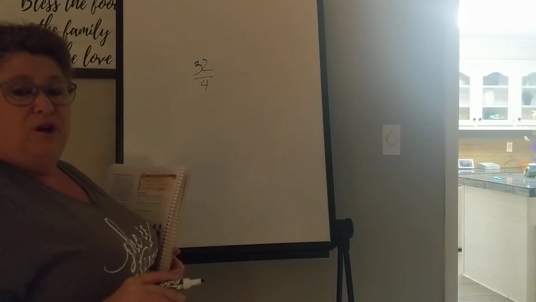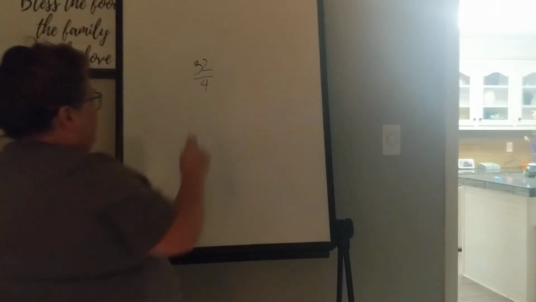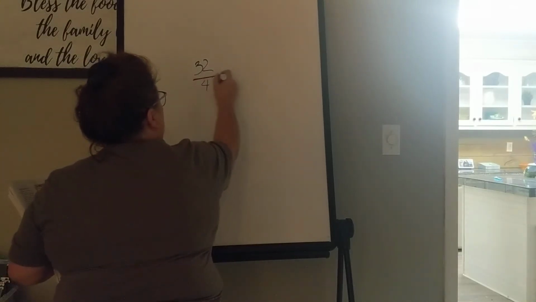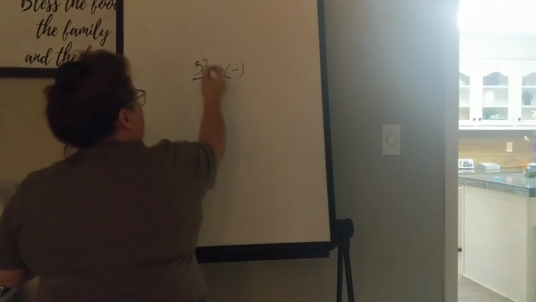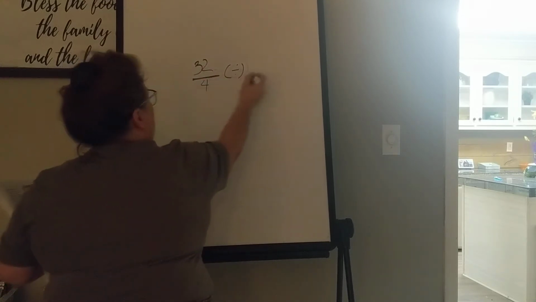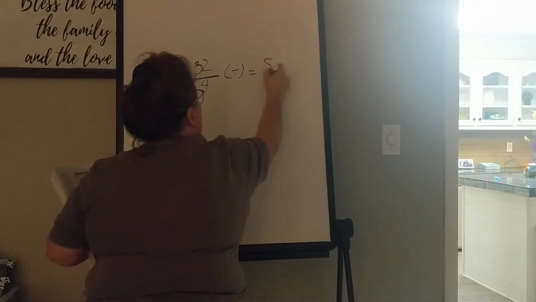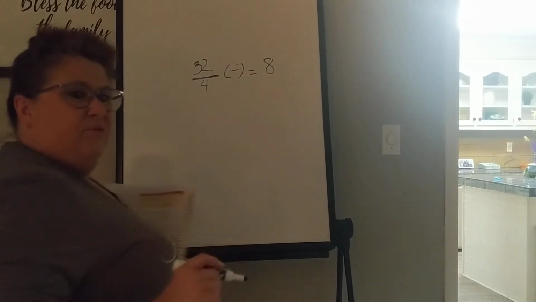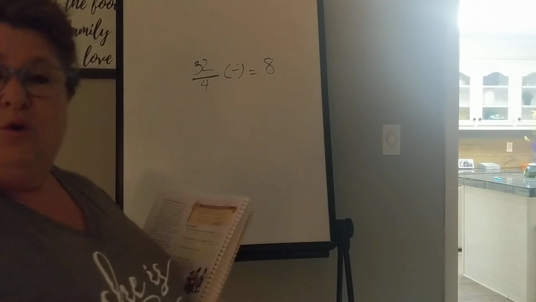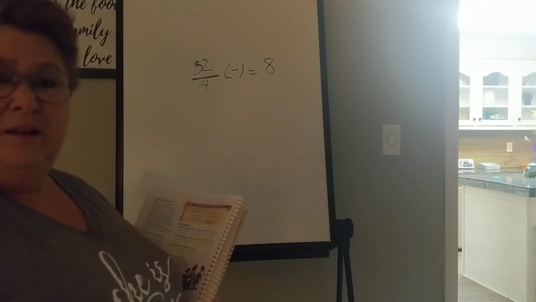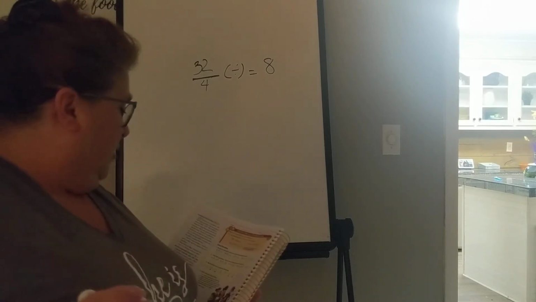So we can use our fraction bar. Remember, our fraction bar means the same as divide. 32 divided by 4 equals 8. So that improper fraction can be simplified or turned into a whole or mixed number by dividing and using your fraction bar.